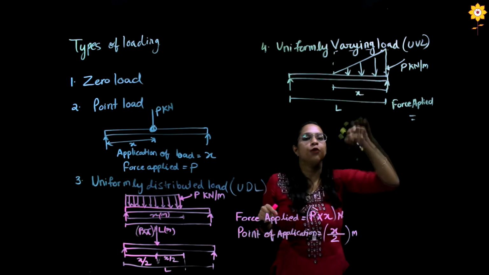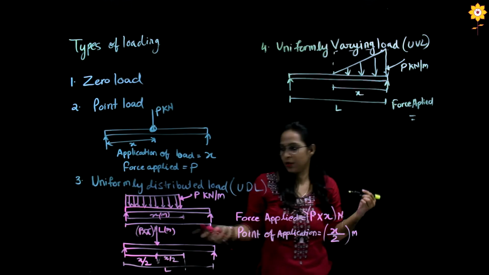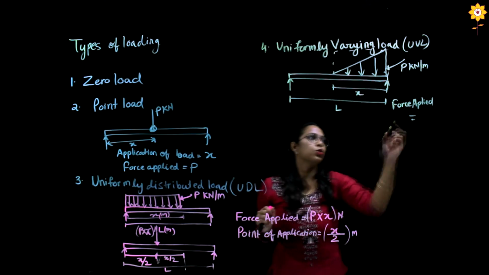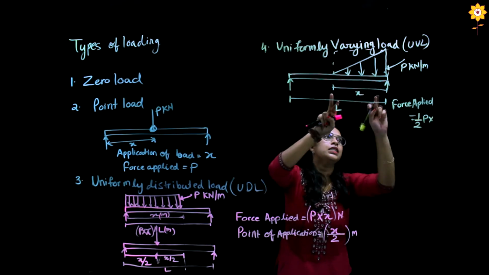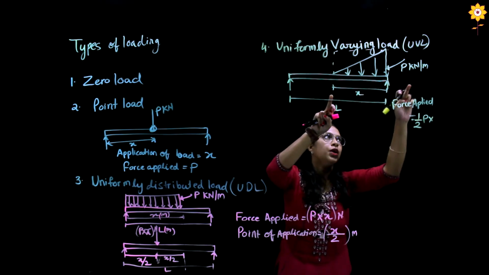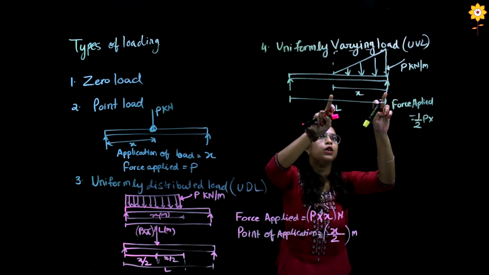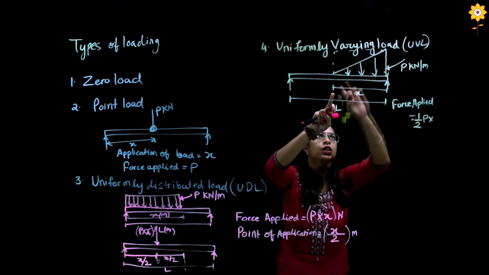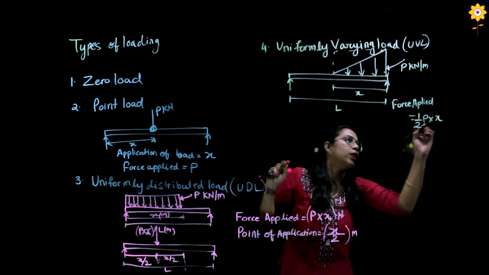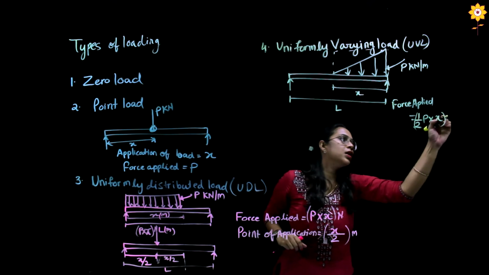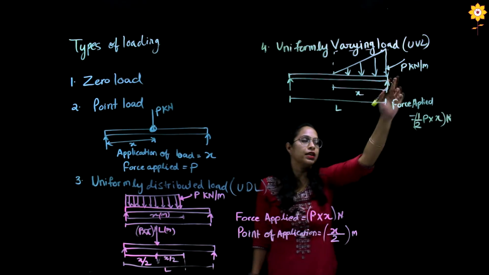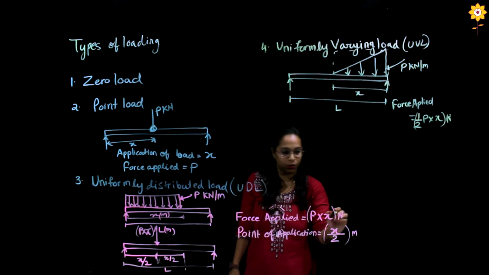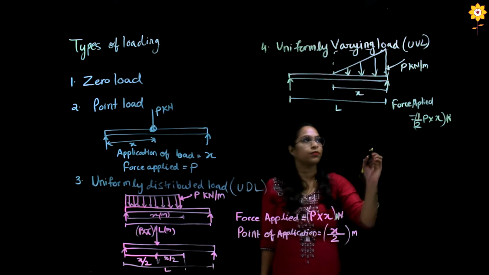So this would be half of what we get for the rectangle or the UDL. That would be half of P, the load per meter, into the distance over which the UVL is drawn. So that would be half P into x kilonewtons, as it is in kilonewtons. So here also it will be kilonewton.